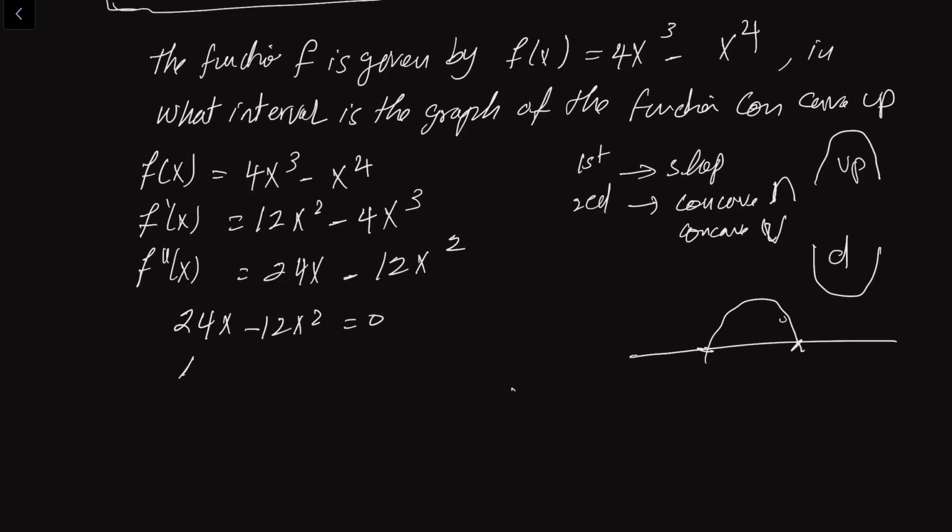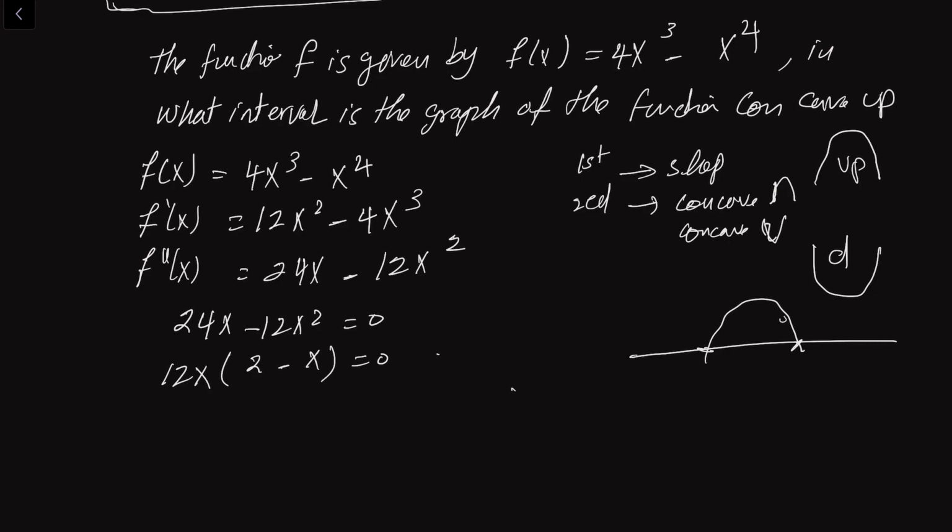We can take 12x as a common factor: 12x times 2 minus x equals 0.